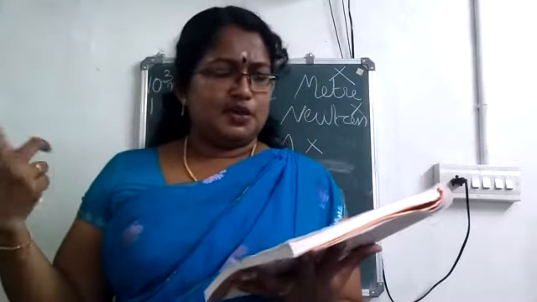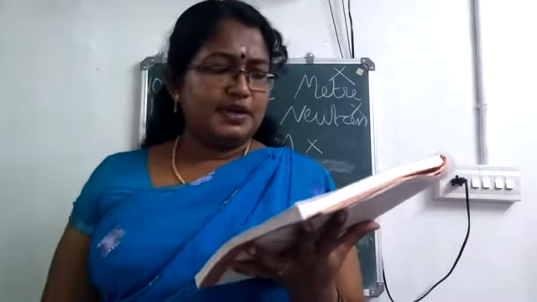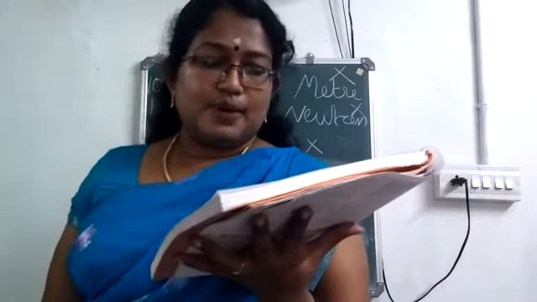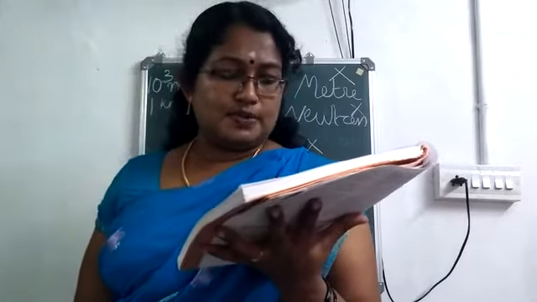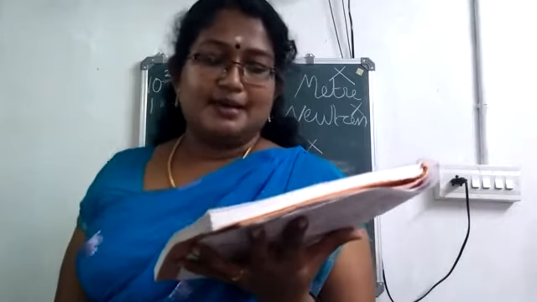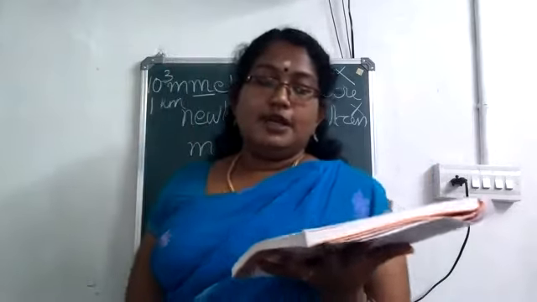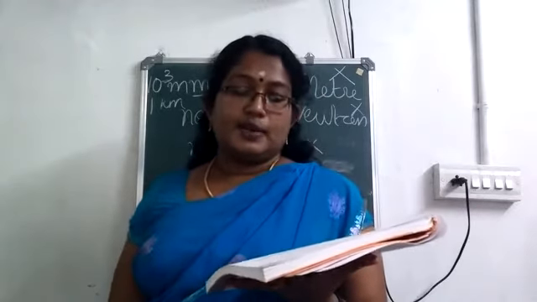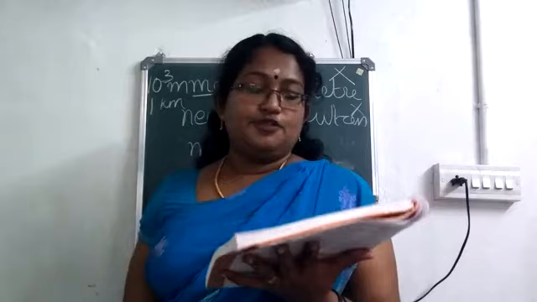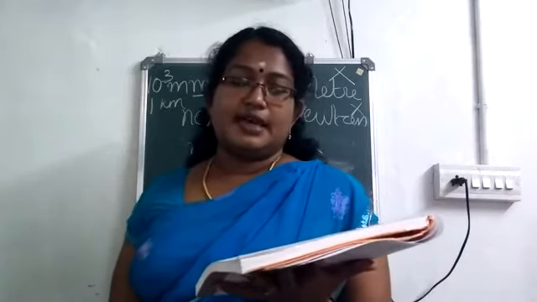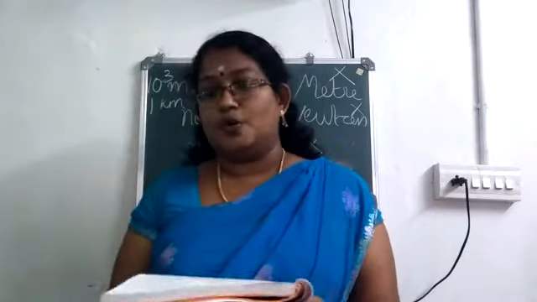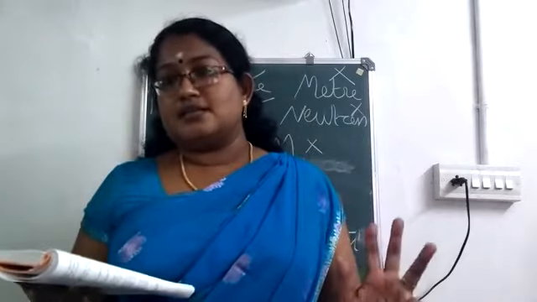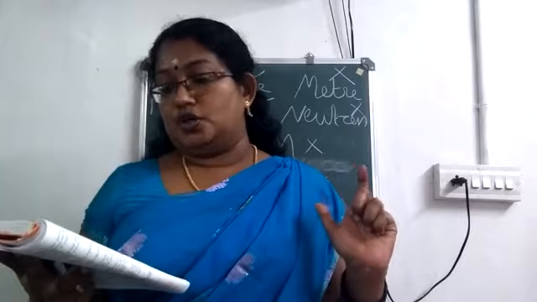For last week, I think we stopped with question number 12, isn't it? Not 12. We completed with question number 13. Now you can start with question number 14. I need question number 14, then 15. Already the answer is given there, but you should write it in the notebook. It's very important, that conversion. So I'll tell you the question answers which have to be copied into your notebook.